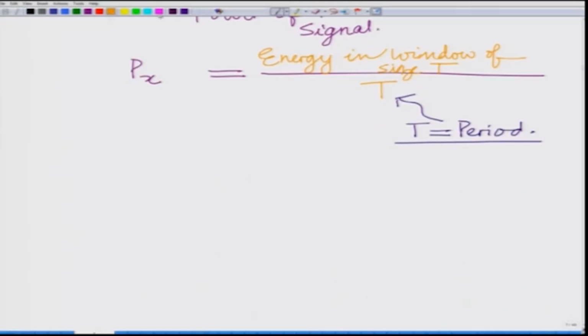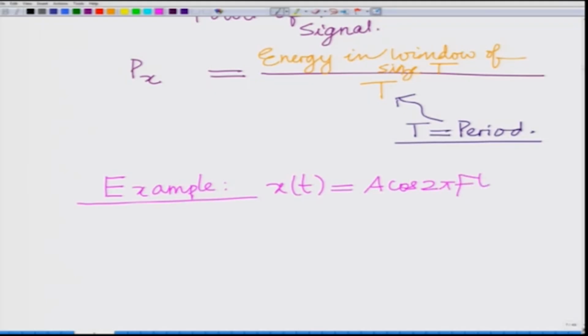Okay. So, let us take again a simple example. Let us again go back to our standard periodic signal, the sinusoid example. x(t) equals A cosine 2 pi f t.